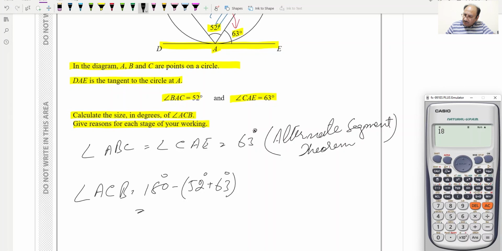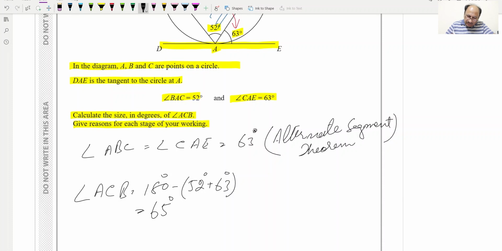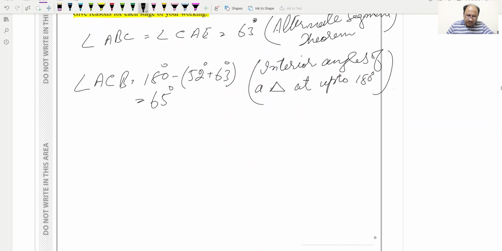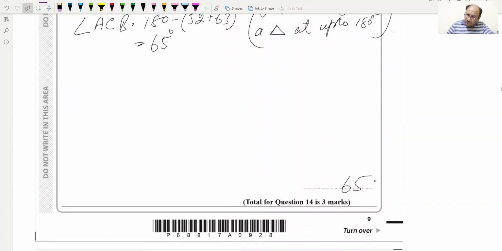This will be 180 minus 52 plus 63, which is equal to 65. So this is 65 degrees, and the reason will be interior angles of a triangle add up to 180 degrees. This will be the reason. We are done with everything. 65 is our answer, which we can provide, and this is a 3 marks question which we are done.